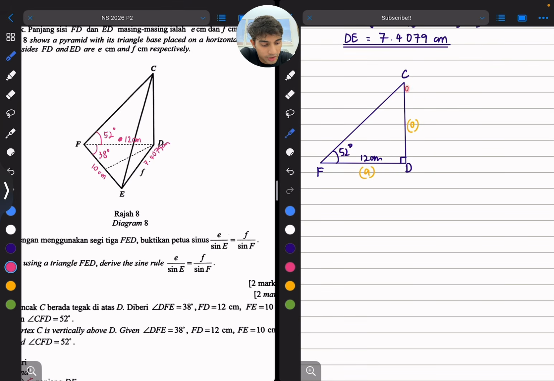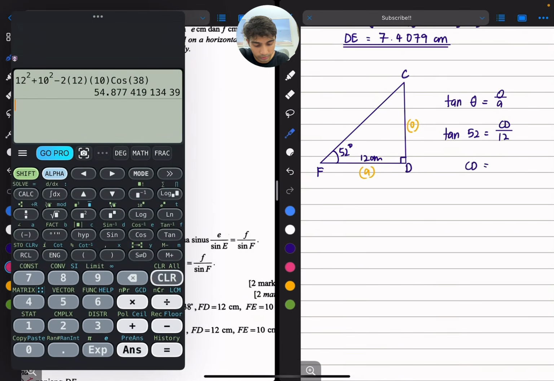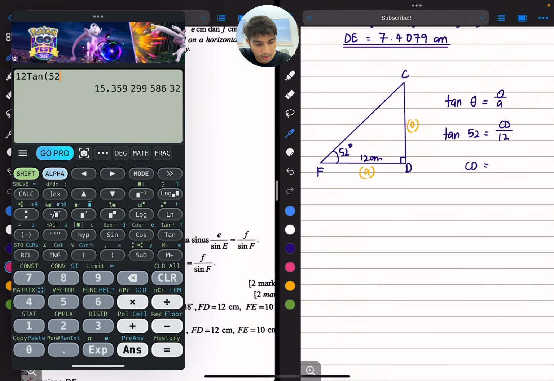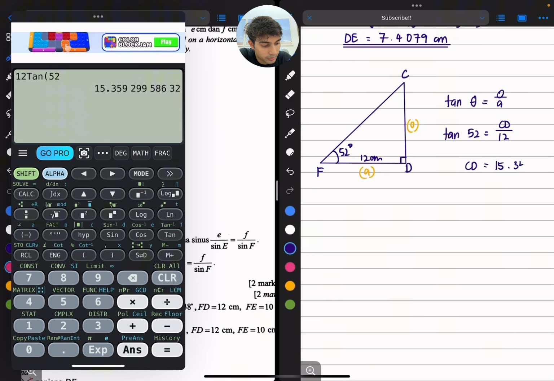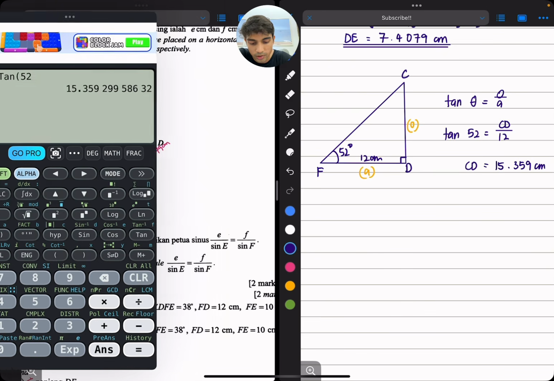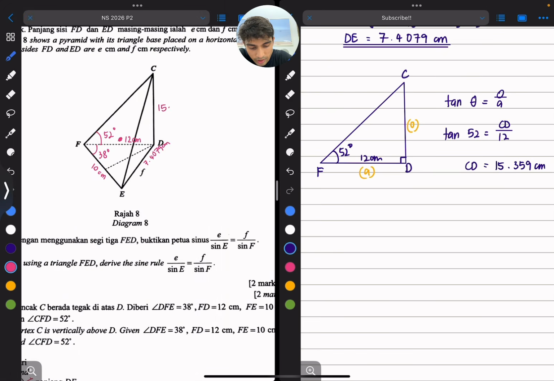So opposite and adjacent, we use tangent. Tangent theta is opposite over adjacent. So tangent 52 will be CD over 12. So CD will be 12 times tangent 52, which is 15.359.